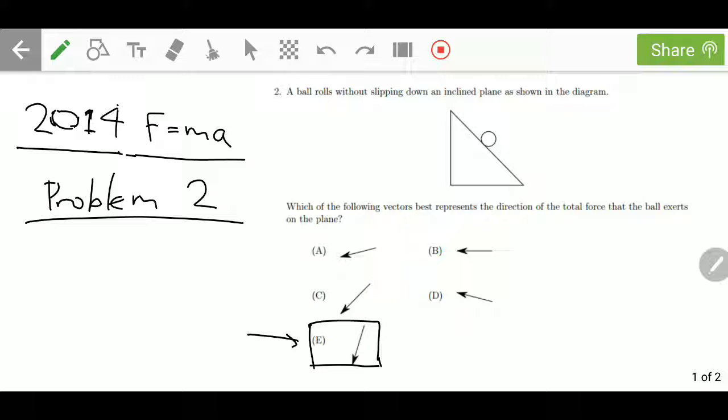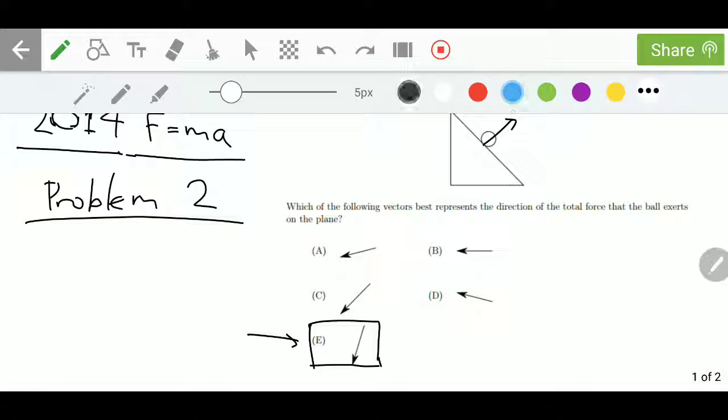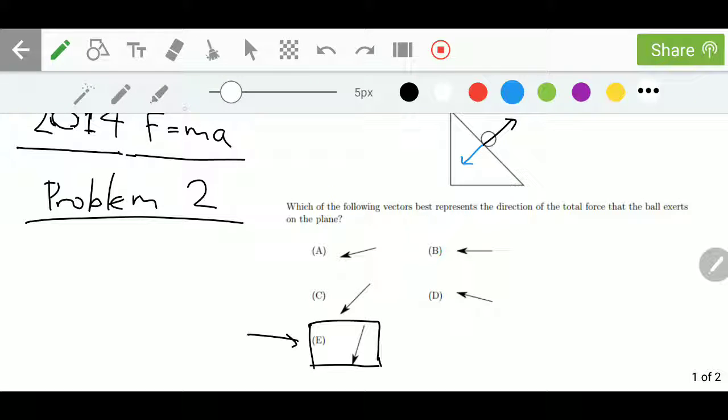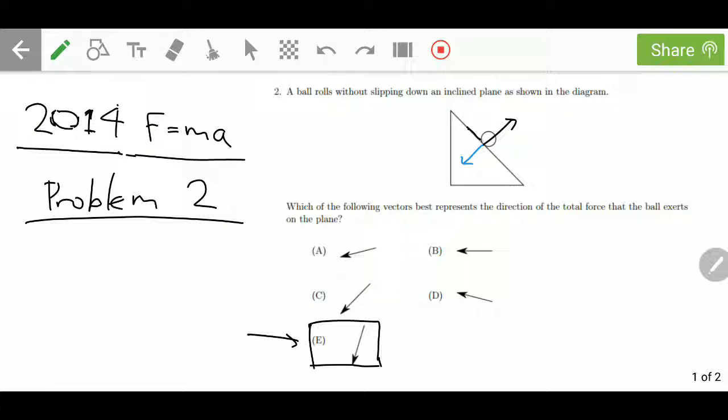And so again, let me draw it on this diagram just so you can see. The normal force acts on the ball like this, meaning that the ball would then exert a responsive force like this. And then we have the frictional force, which is pointing upward as well.